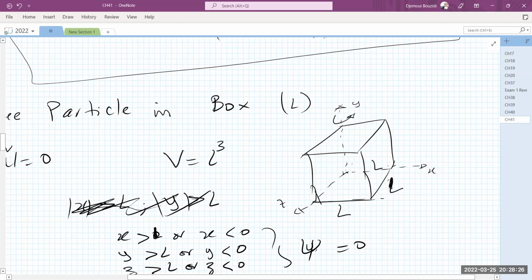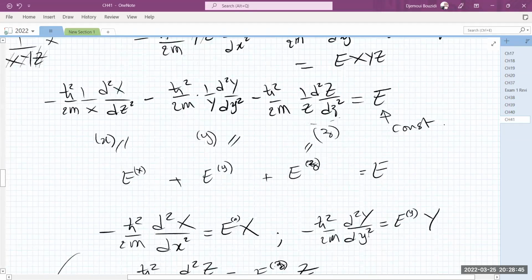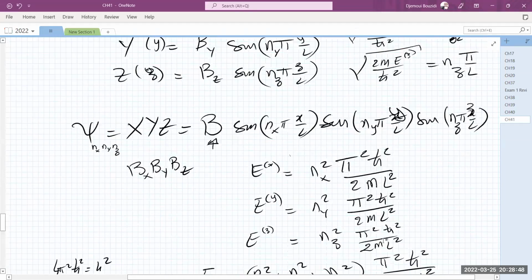Or if I take the whole thing and spin it around the z-axis, then the x-axis replaces the y-axis, and the y-axis replaces the negative x-axis. So there is a perfect symmetry in this situation. It has to do with the rotations, and that's why I have degeneracy in this situation.